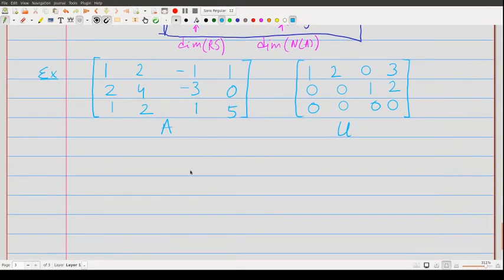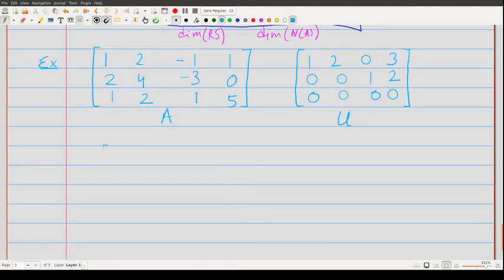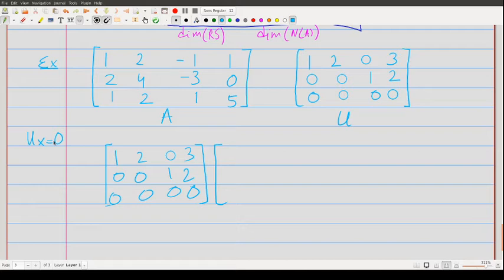And so now if we're trying to find the null space, notice something. If I take this row echelon form, and I try to find the solution Ux equals 0, that's simply because if it was Ax equals 0, I can perform some elementary row operations here and the same elementary row operations here.